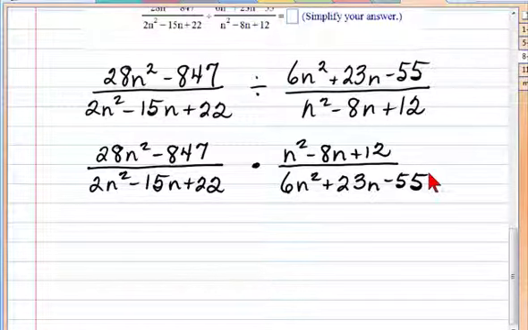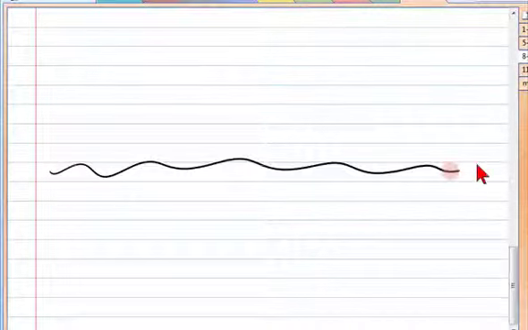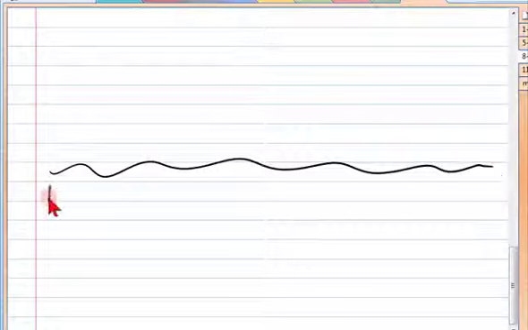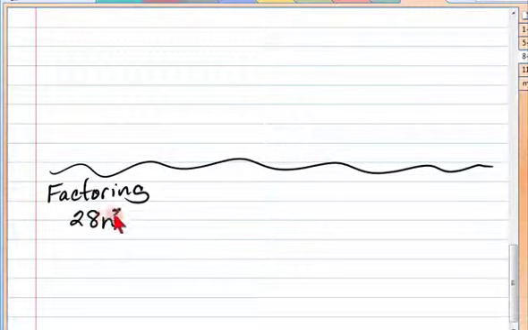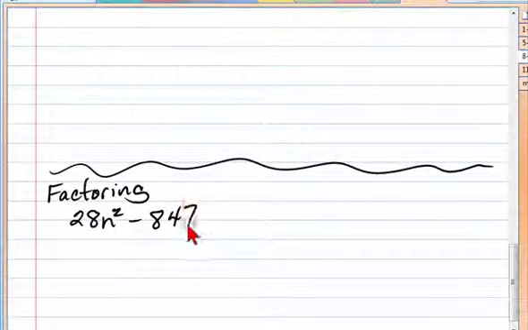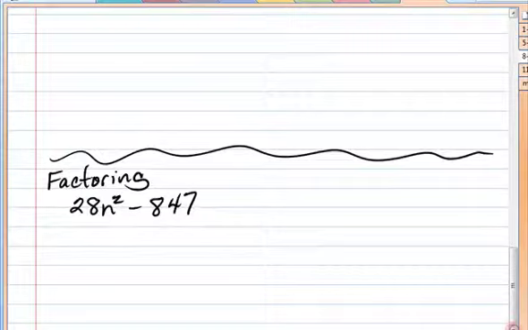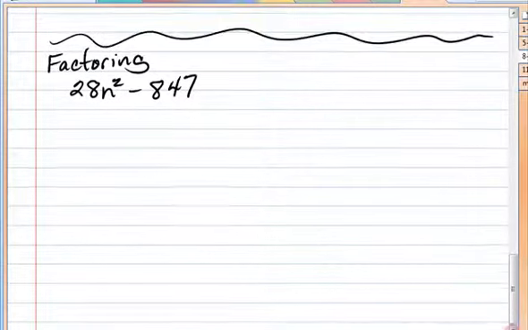Okay, now something I'd like to do is that this looks like quite a bit of factoring. Agreed? I'm going to go off completely down here and just write out my factoring. The first one is 28n squared minus 847. What can I do?